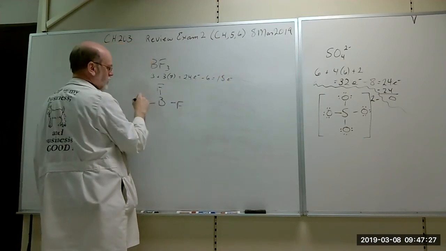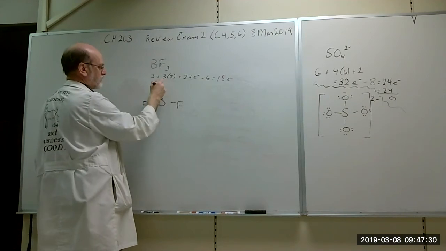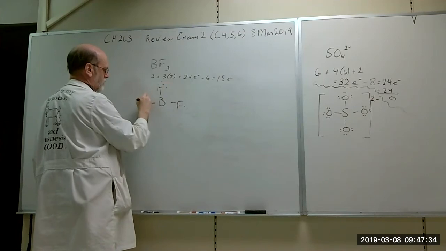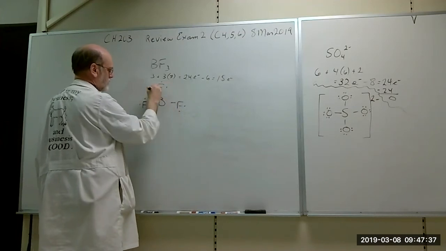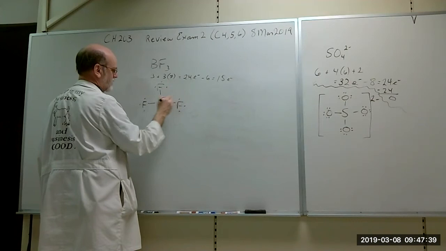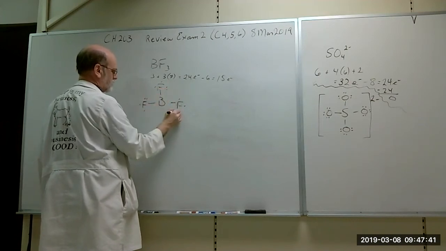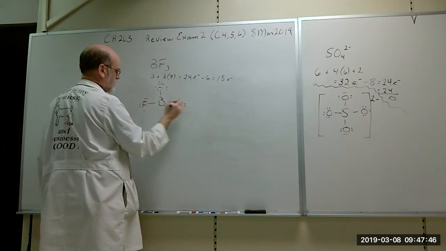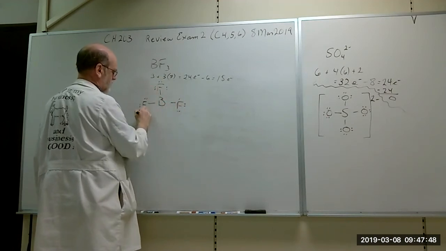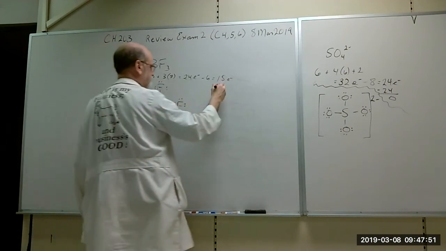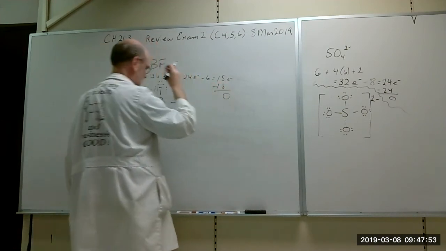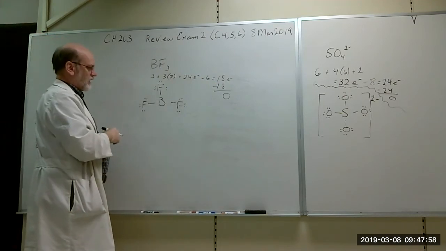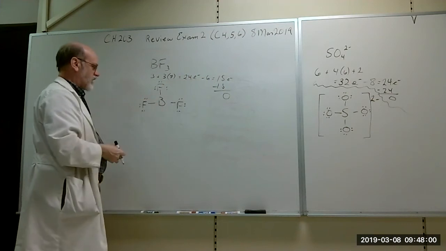Okay? So we start placing them around the outside. 1, 2, 3, 4, 5, 6, 7, 8, 9, 10, 11, 12, 13, 14, 15, 16, 17, 18. Okay, all of our electrons are placed. And boron doesn't have an octet.